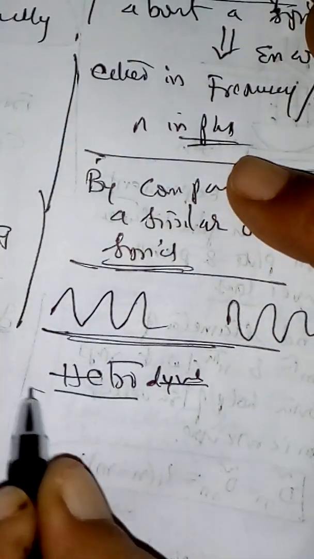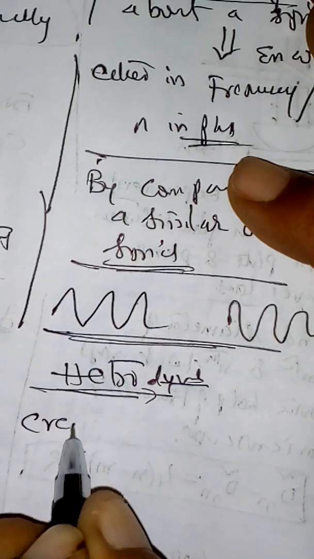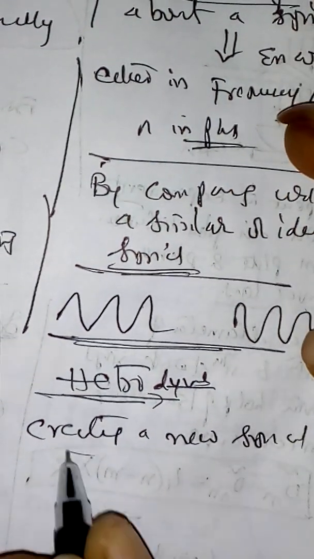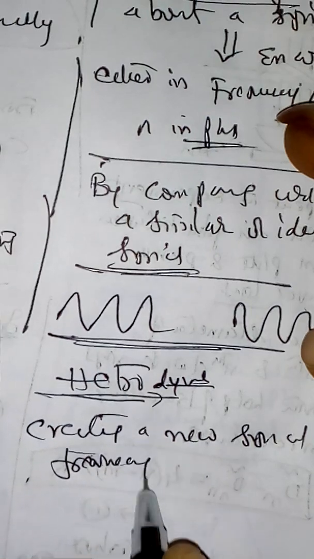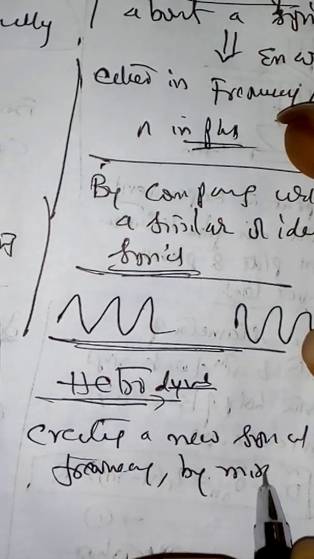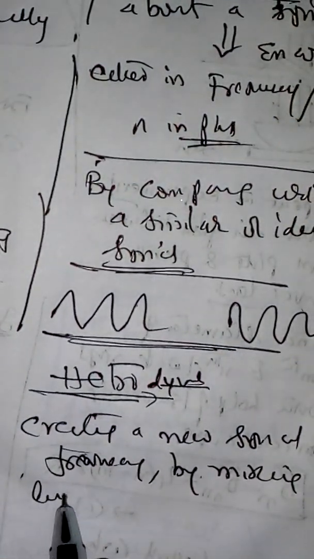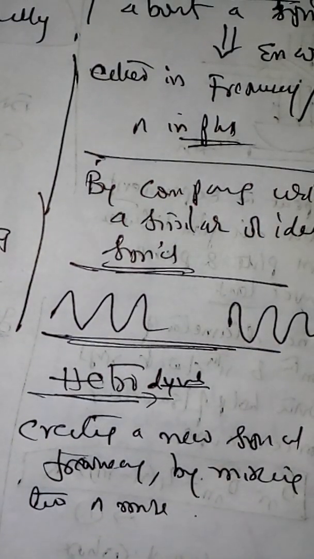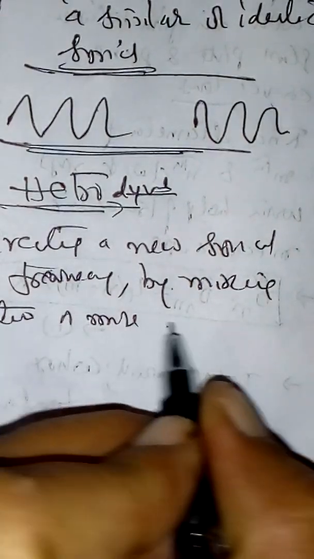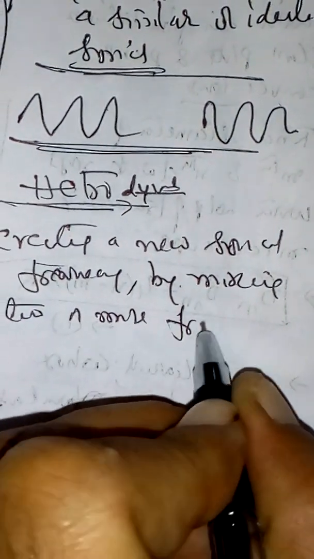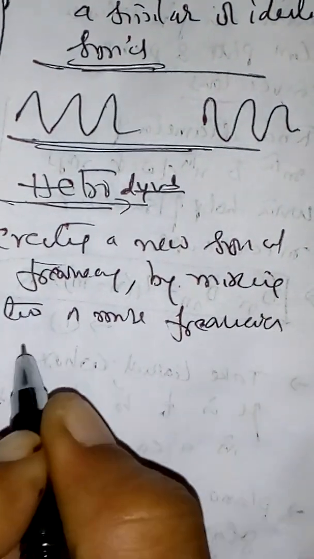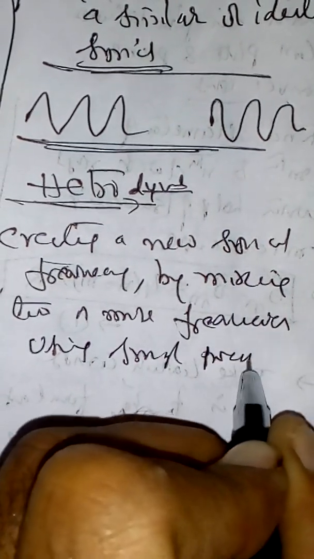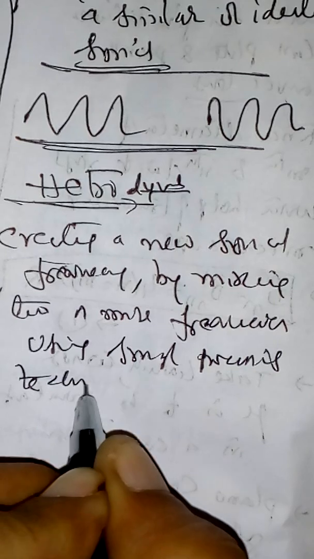Now let us understand heterodyne. Heterodyne is a concept of creating a new signal frequency by mixing two or more frequencies using signal processing techniques.